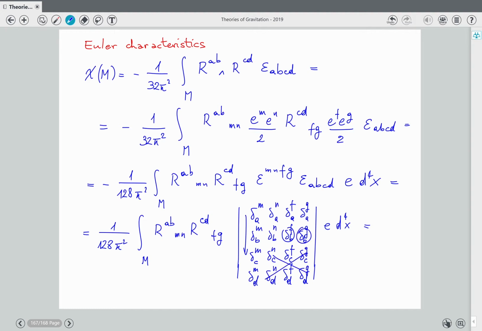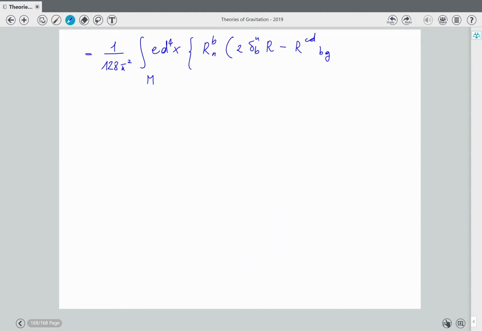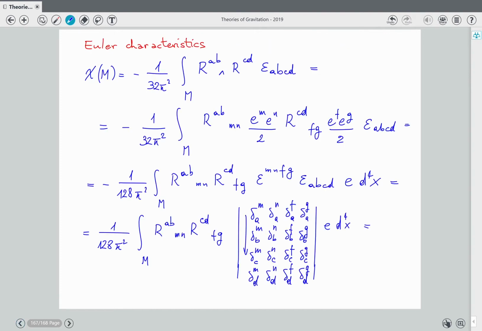The other one is delta BG. Delta BF, delta BG will give the same thing. So we have already identified a factor 2 here. So delta BF, delta NC, delta GD, minus delta ND, delta GC.